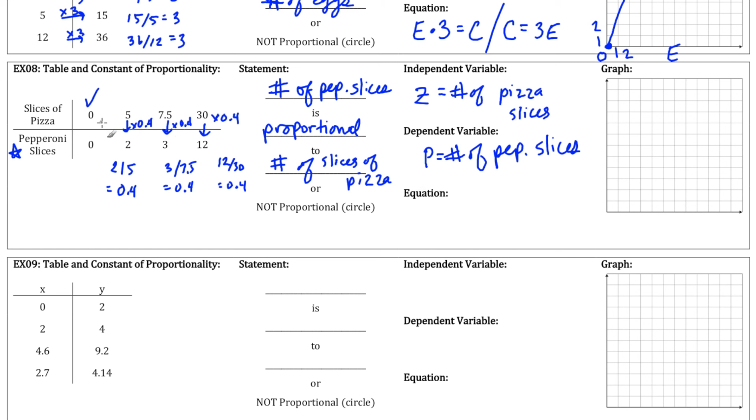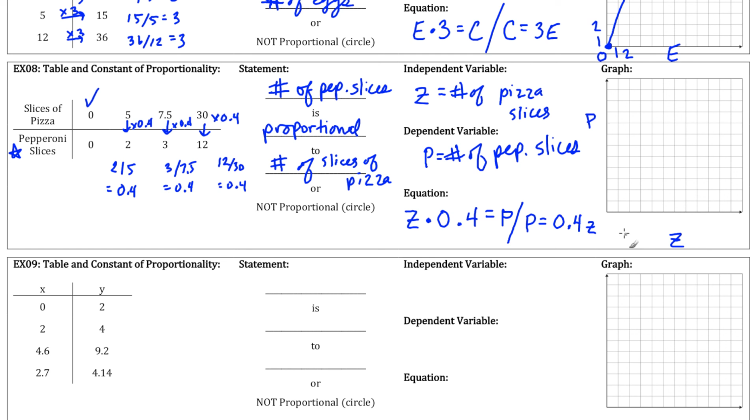So we took our slices of pizza and we multiplied it by 0.4. And we got our number of pepperoni. But the way I really want you to write it is number of pepperoni slices is equal to 0.4z. All right, remember the dependent variable goes here, the one we care about. So pepperoni slices depends on the number of pizza slices.